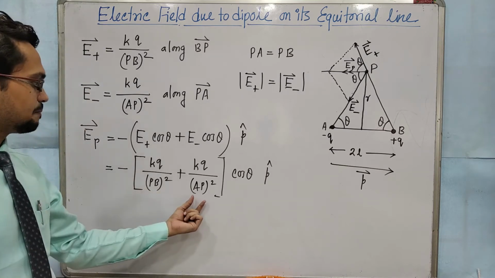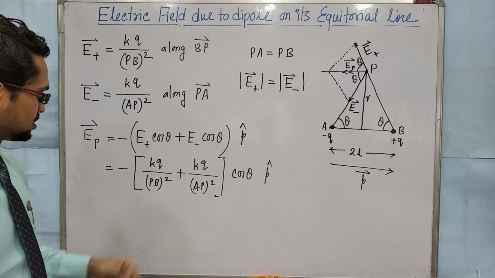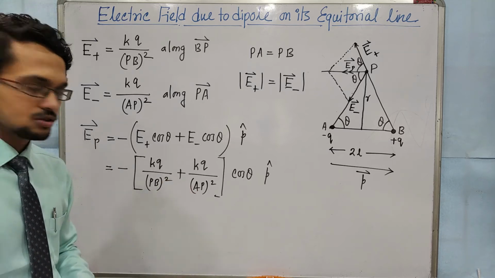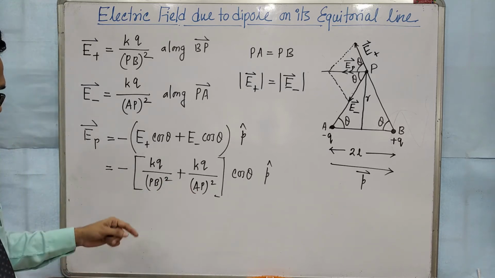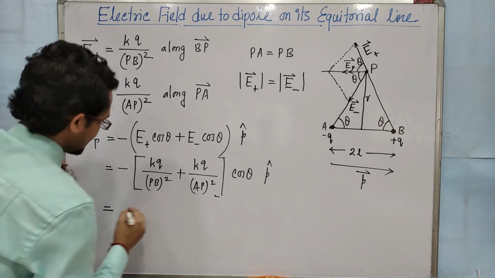Now PB and PA both are equal, so their square will also be equal.